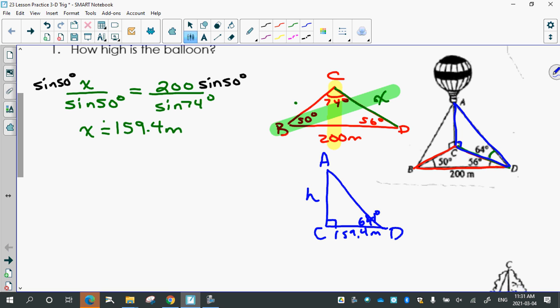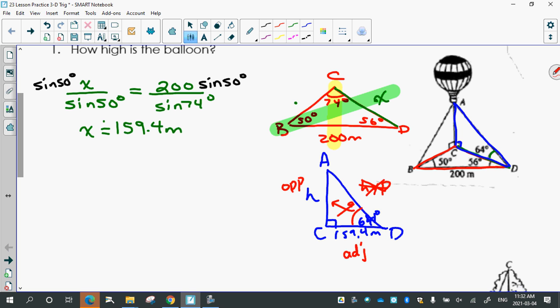This is a right triangle, so I can use SOHCAHTOA and name my sides by the 64-degree angle. So this would be opposite, hypotenuse, and adjacent. And I'm going to cross off which one? Hypotenuse. I'm not trying to find it, and I'm not given it.